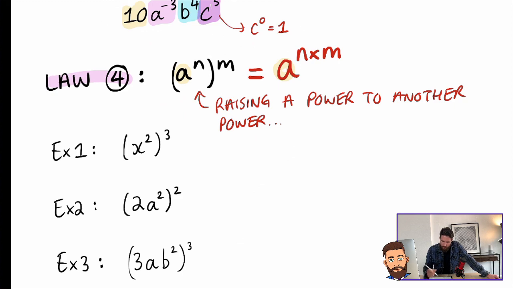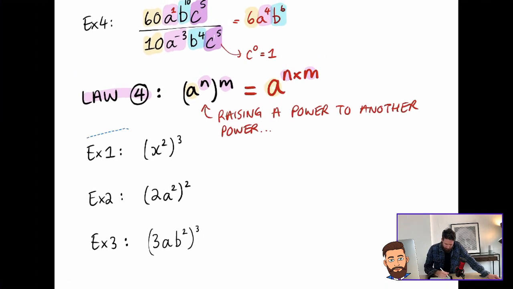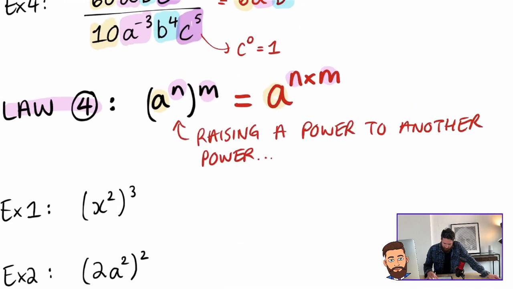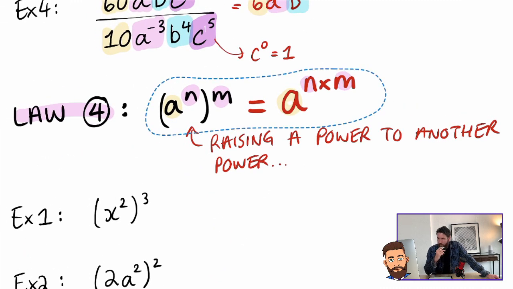So in this case, we're going to multiply the powers together. And again, it can always look a little bit confusing when you are looking at this generic law that I've written for you here. But when you start to put it in context with questions and examples and numbers, it becomes quite straightforward.